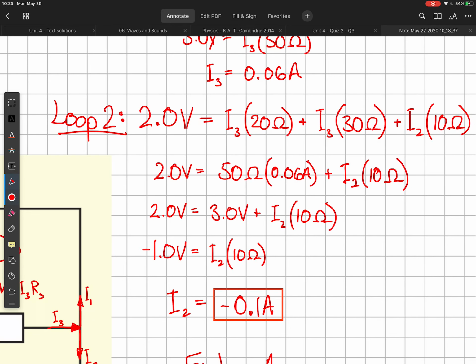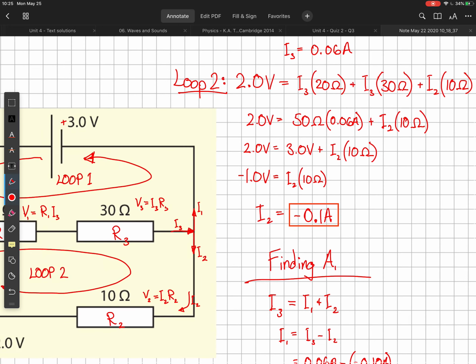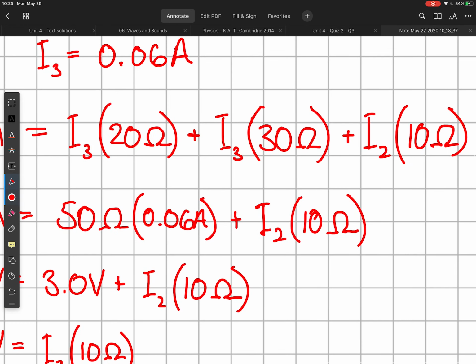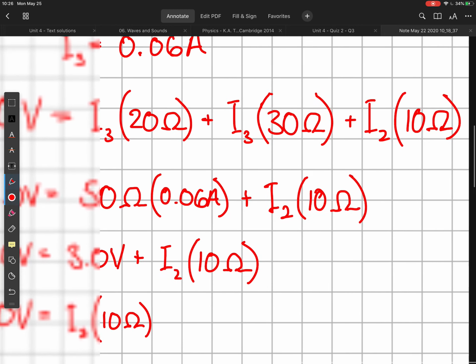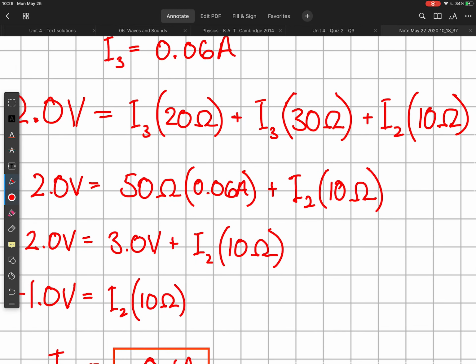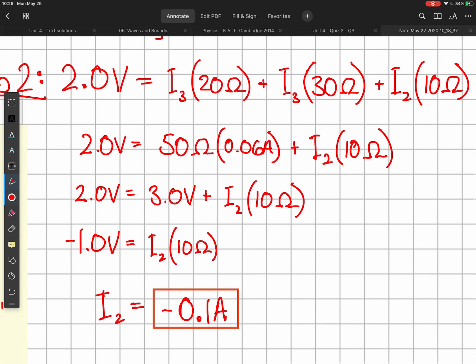Okay, we then look at loop 2, and we go through the same process. Remember though that our current is not the same through one of our components. Okay, so that does complicate things a little bit, but since we know I sub 3, it actually doesn't complicate it that much. Okay, we can solve directly for I sub 2 in this case.